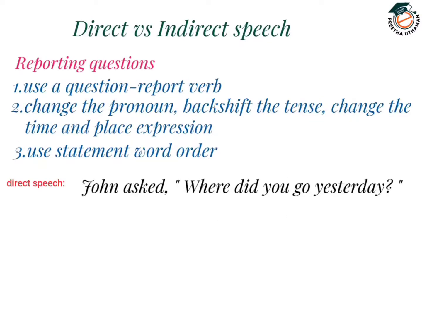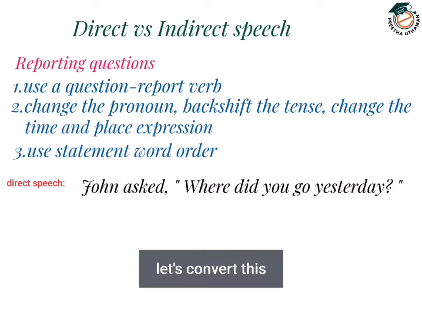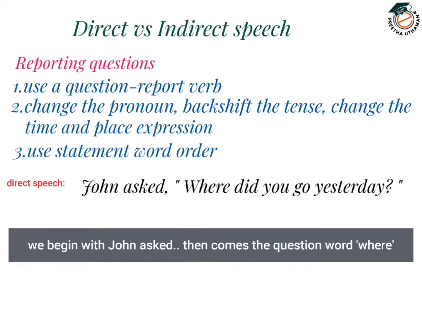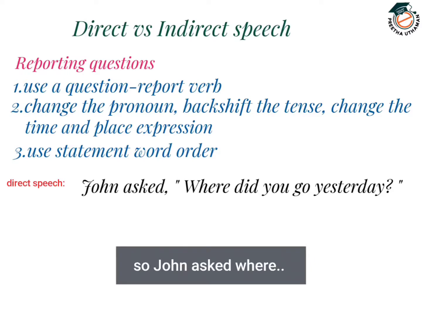Now coming to the next example, John asked, where did you go yesterday? Now let's convert this. So we begin with John asked. Then comes the question word where. So John asked, where.